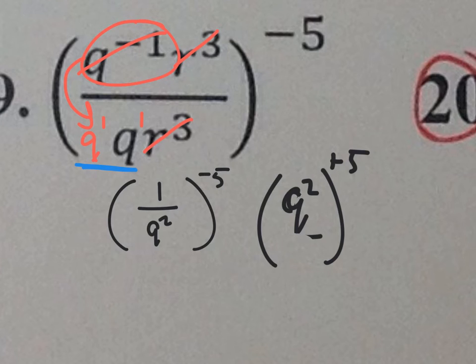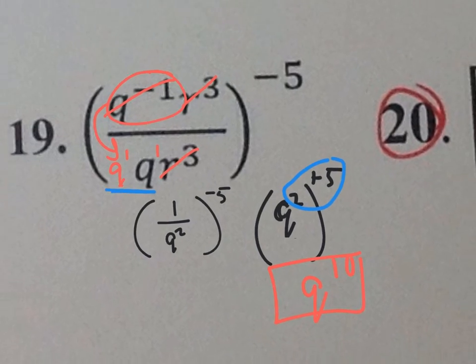You could just say that all you have left is q squared. So you really have q squared to the 5th power. So what is q squared to the 5th power? What do you do with these guys? Multiply. So your final answer is q to the 10th. Ta-da!